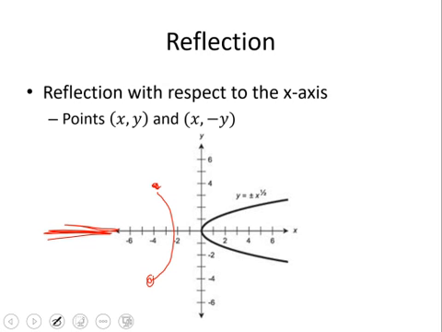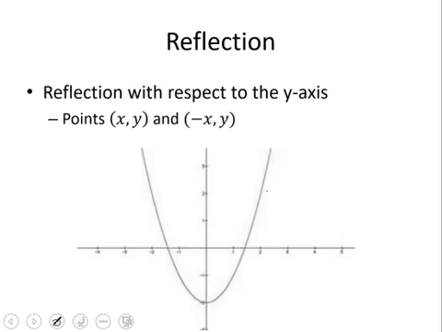So you see here with this parabola that's kind of fallen on its side, it is reflected around the y-axis. Or the x-axis, my bad. X-axis, not y. Okay. Next up is a reflection around the y-axis. With a parabola here, that means the x value is changing.